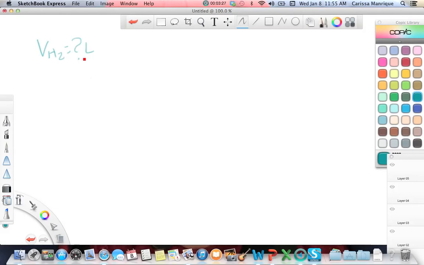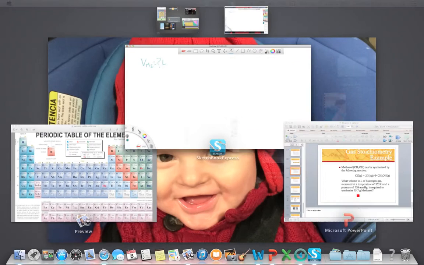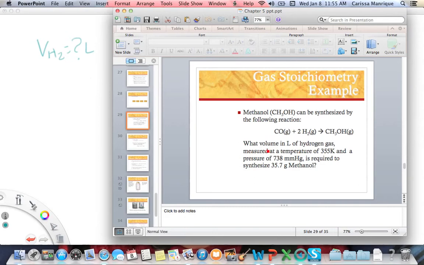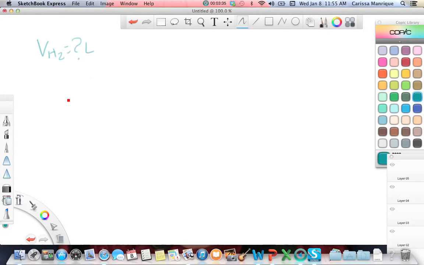That's what I'm trying to find. Measured at a temperature of 355. So I know my temperature for my hydrogen gas is 355 Kelvin.